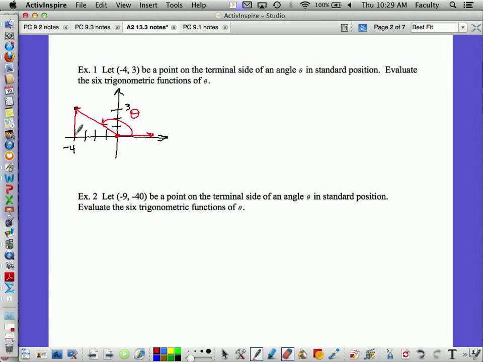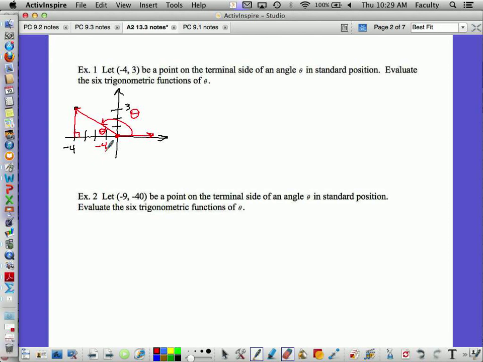And we're going to use something called All Students Take Calculus, which is on my shirt. We're going to call the angle from the radius, or the hypotenuse of the triangle, to the x-axis theta prime. And I went to the left 4.